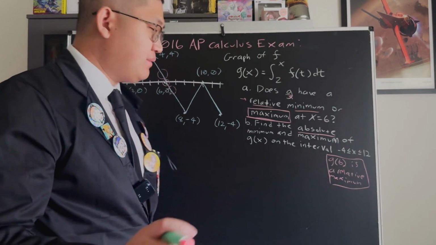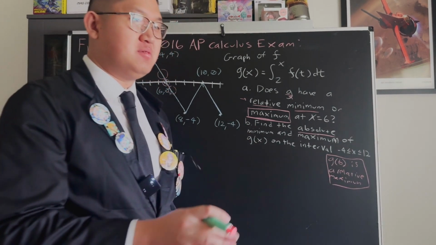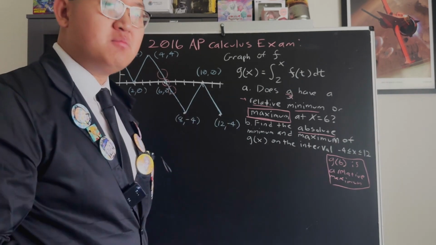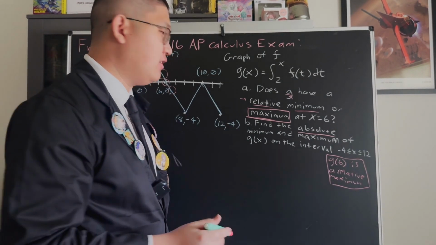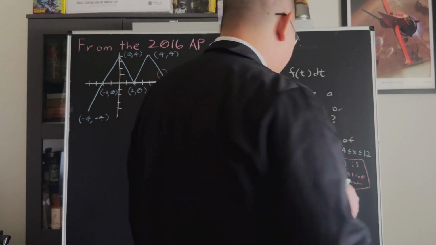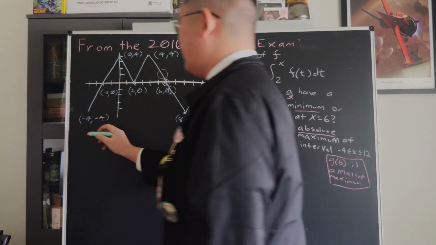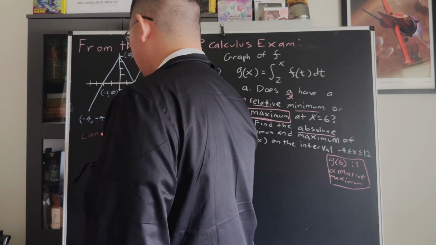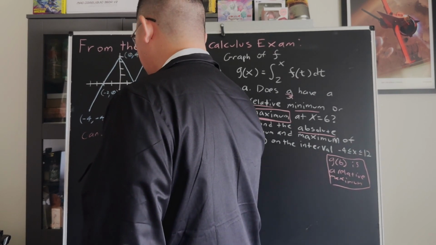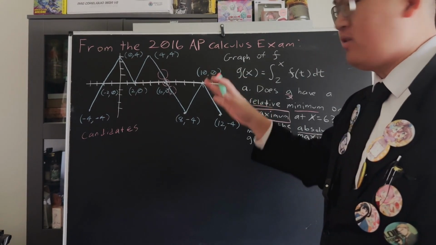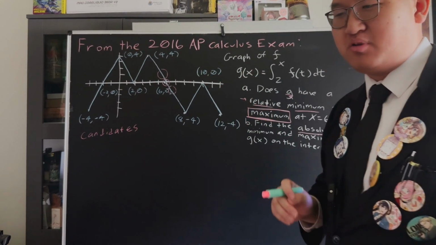Okay, so with absolute, again, we want minimum and maximum, so we need to look at all of our available points and then come up with a conclusion after comparing all of them. So what I like to personally say for myself when I try to solve this problem is that we need to look at candidates. Okay, there are some possible points for us that will be part of our selection process here.